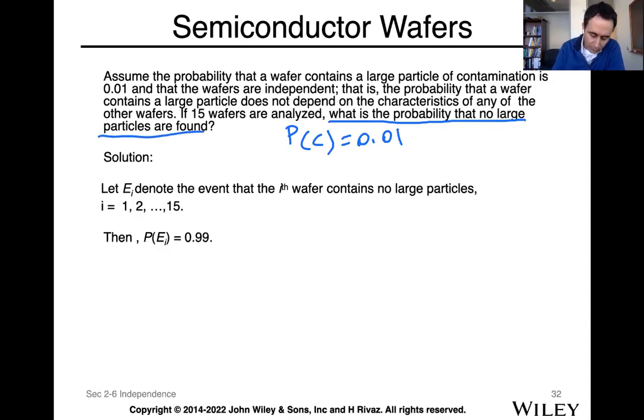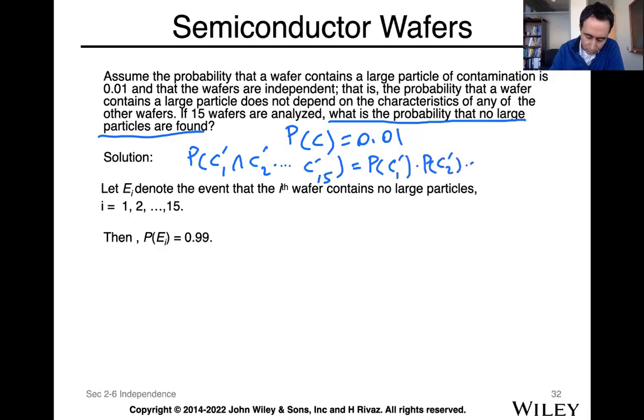So I want to calculate the probability that there's no contamination in part 1, no contamination in part 2, no contamination in part 15. Since the question tells me that they are independent, I simply write it as P of C1 prime times P of C2 prime, up to P of C15 prime.